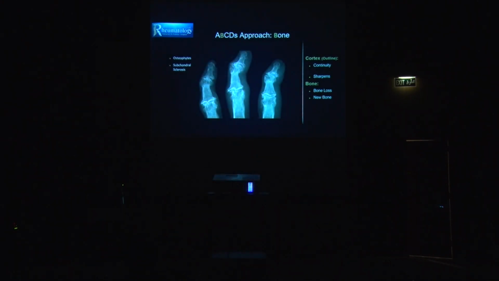Again, can anyone tell me? Yes, this is the seagull, right? You can see the seagull. This is primary osteoarthritis of the hand, nodal osteoarthritis, so you get the subchondral sclerosis and the osteophytes. You see the extra bone coming from the sides. These are all extra bone.